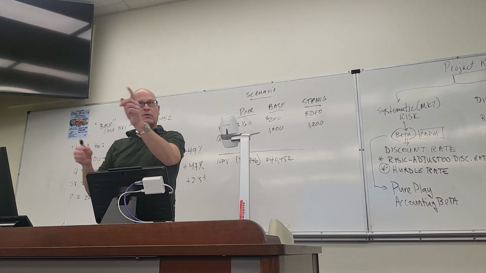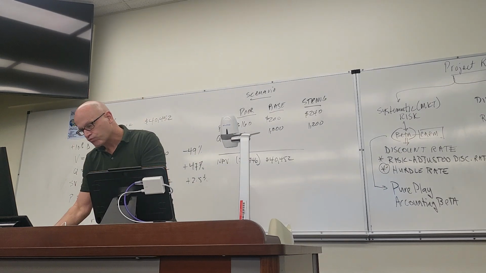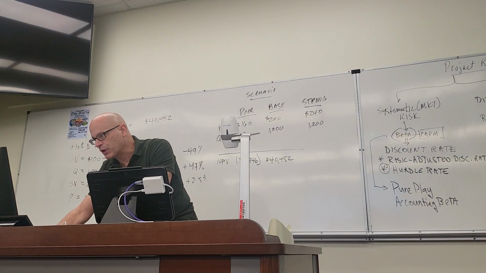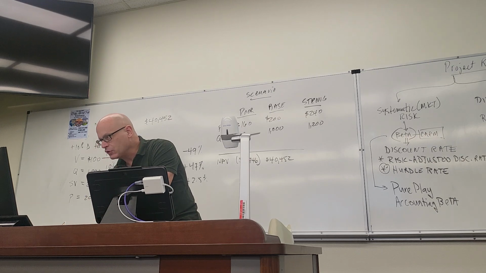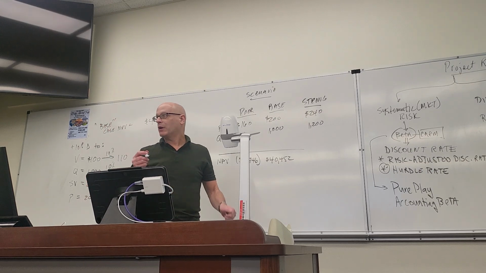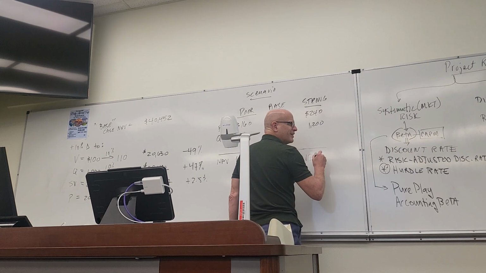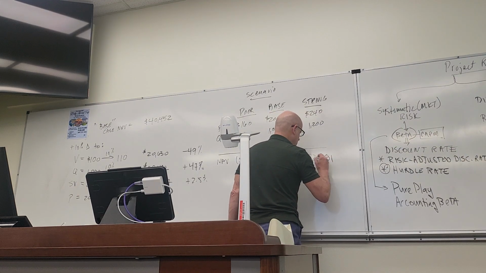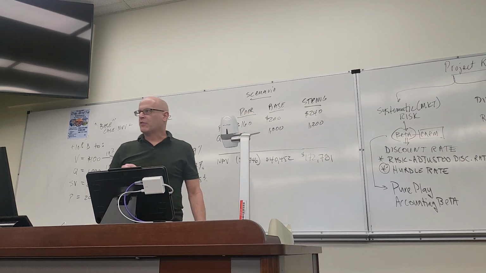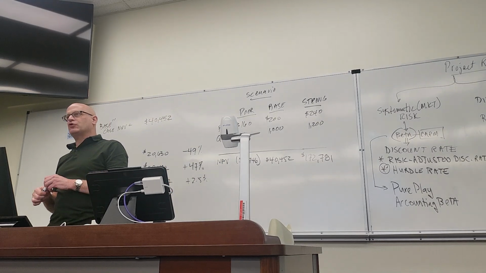Let's plug those in and see what the NPV is. Let's go back to our spreadsheet. Let's put in 1,200 units at a price of 240, and we get 172,781. Big change. We've got three NPVs. One's bad, the other two look good, one really good.